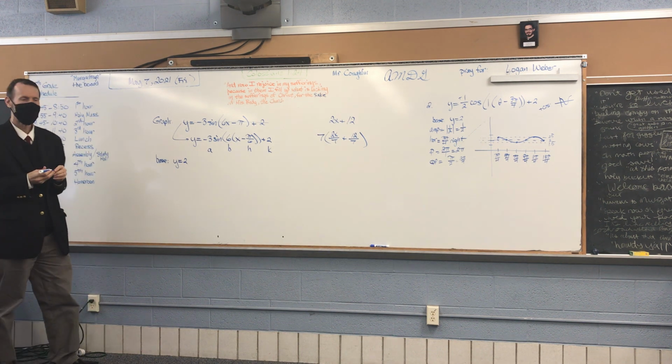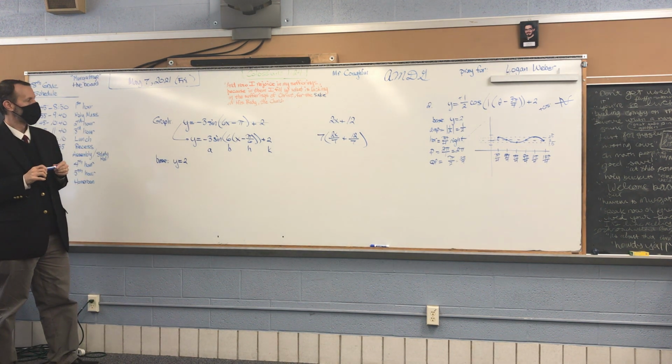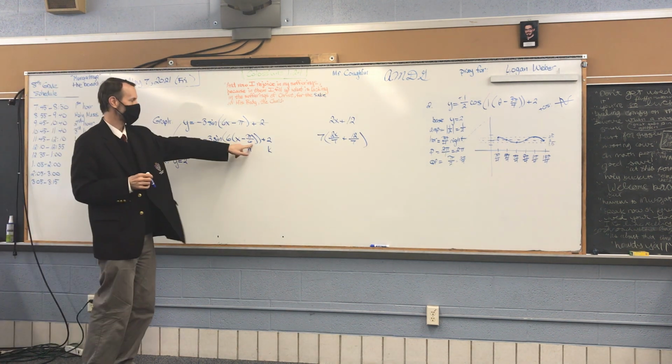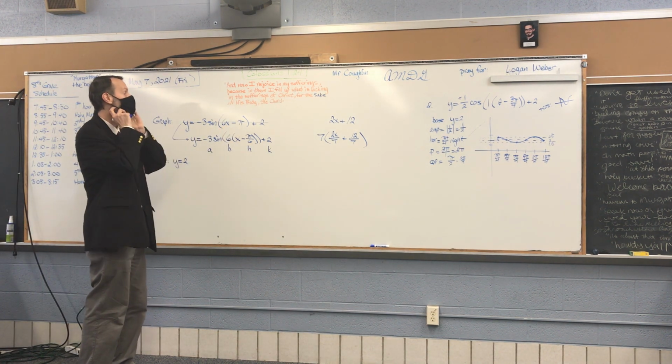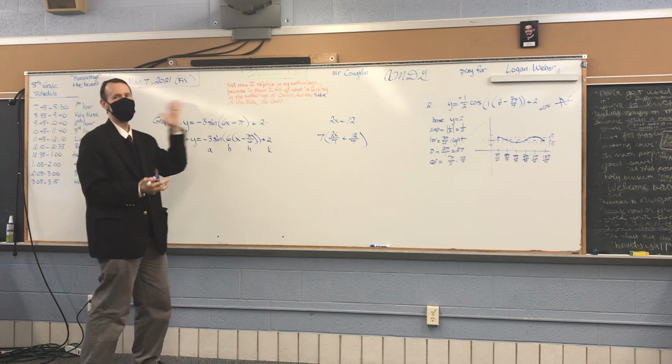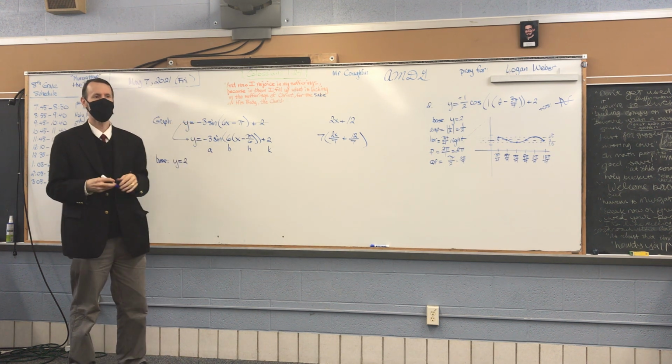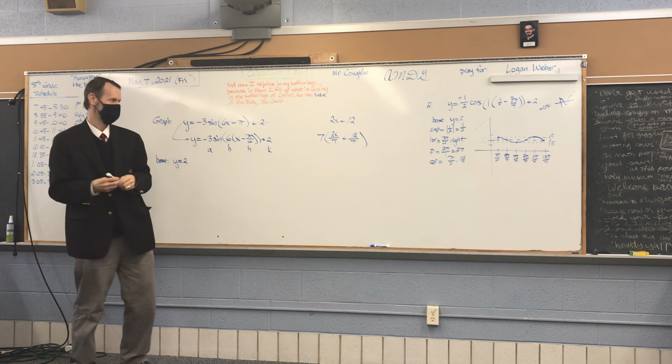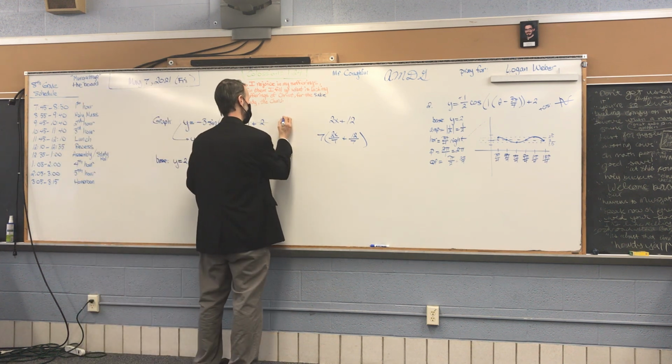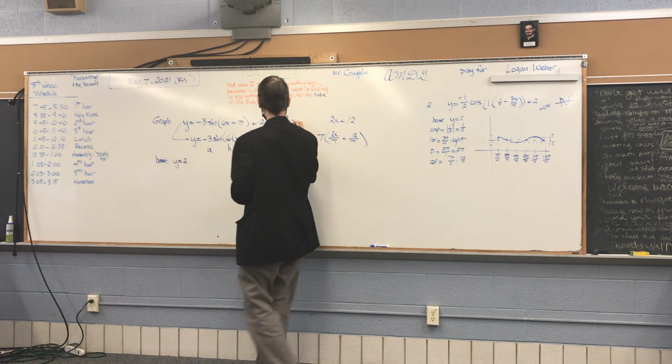Question. What happens if it was pi over 4, something? Oh, if this is pi over 4? And you wanted to pull out a 6? You take pi over 4 divided by 6, which is, I agree, awful.